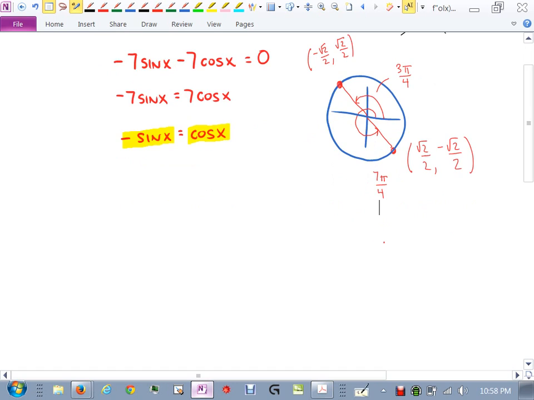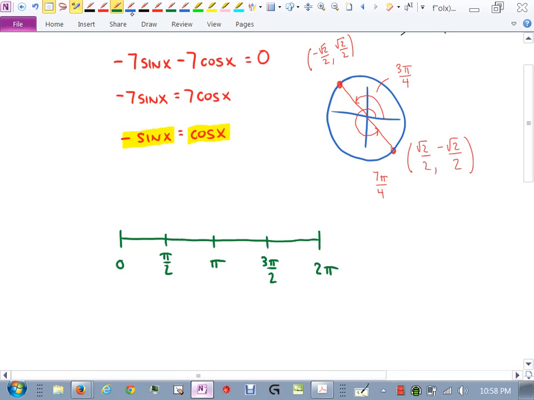Okay, so what I'll do now is I'll draw a number line. Now remember, in this problem we were going from 0 to 2 pi. We were restricted on that interval. It's not always the case, but in this problem it is. So here are some of the important points.